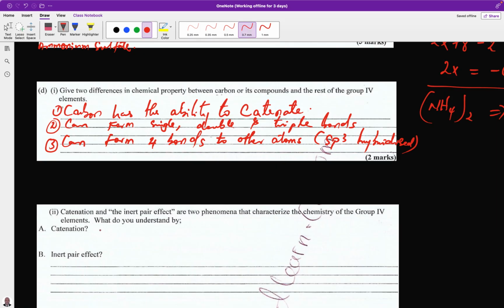Ability of an atom to form chains and rings, that is covalent bonds, chains and rings between itself.